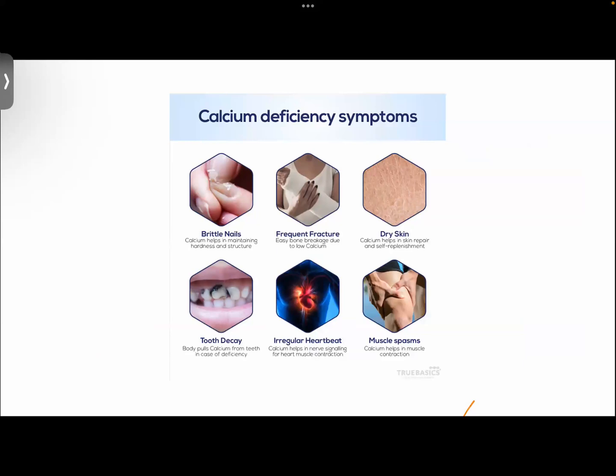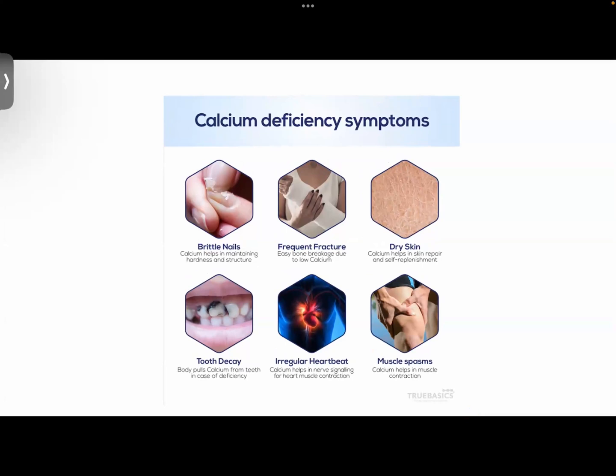If the body suffers from deficiency, your nails will be brittle, meaning that just by scratching with another nail, it will start to come off. The person would frequently get bone fractures, even due to a small accident. Skin will be dry. Look at the tooth decay the person is suffering from right now.